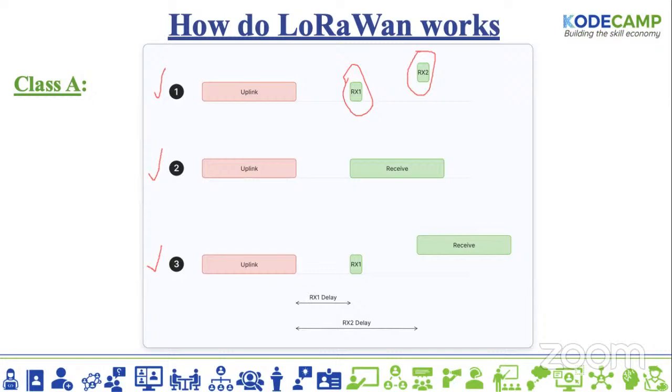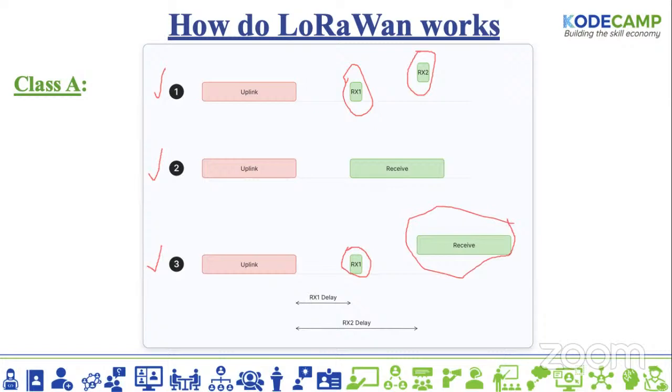So this one opens the first window here but doesn't receive a downlink. Because it didn't receive a downlink, it opens another window and then receives the downlink. So that's how a class A device works.